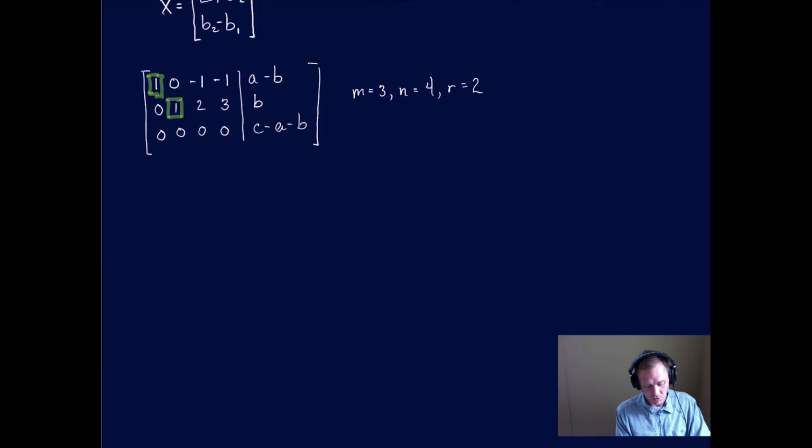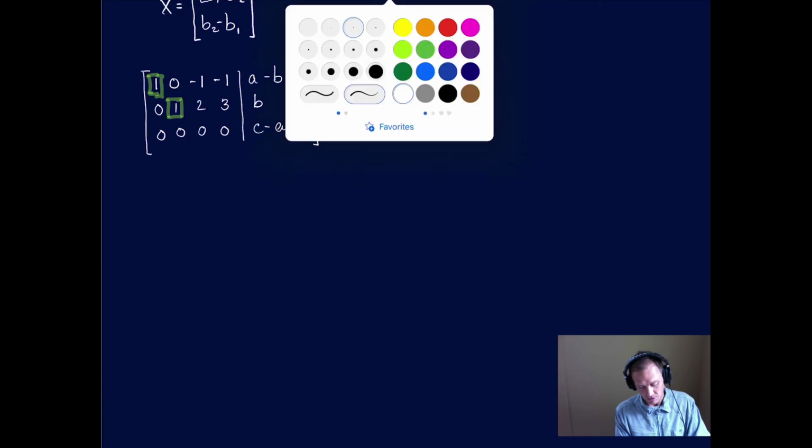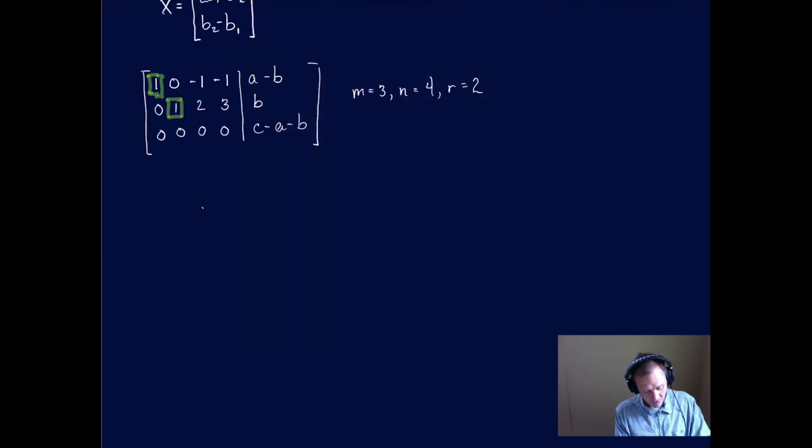I have 2 extra columns without pivots, and I have a row of zeros. Let's see what those tell us. This row of zeros says that not all B are in the column space of this matrix. We'll call this R because it's in RREF. Not all B, so there's possible restrictions.